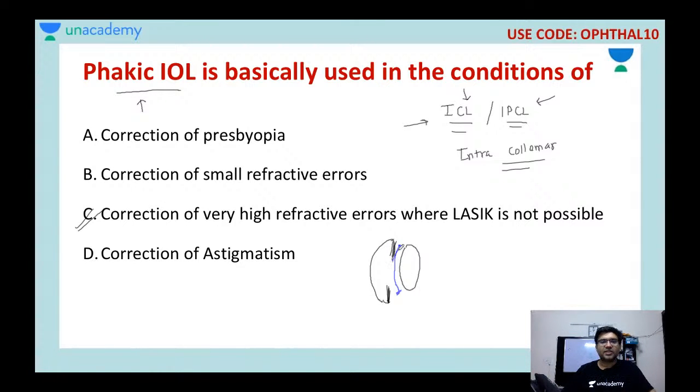Are you getting my point? This is basically called a phakic IOL. You have not removed the crystalline lens, but you have put the lens beneath the iris and above the lens. This area is called sulcus.